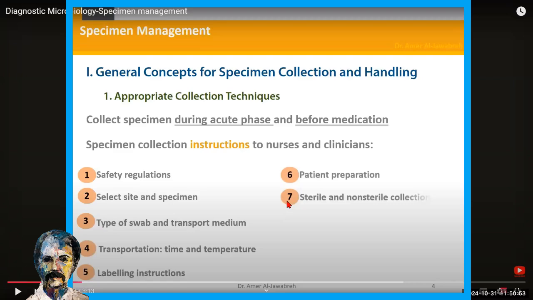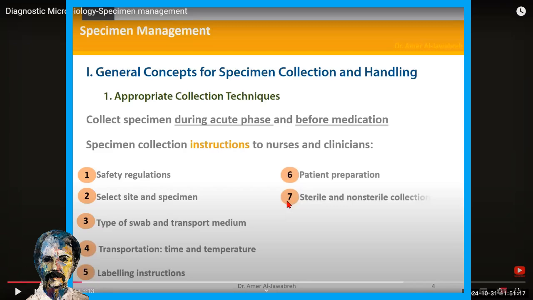And the same for microbiology. Urine: which is the best urine sample? Midstream. The first part of the urine goes in the toilet, and the midstream in the cup. And clean catch. You have to clean the area, whether a male or a female. So all of these instructions should be given by you as a lab technician to the patient.